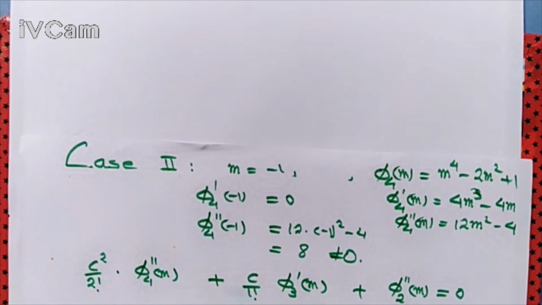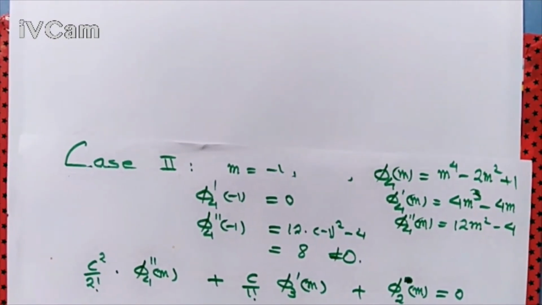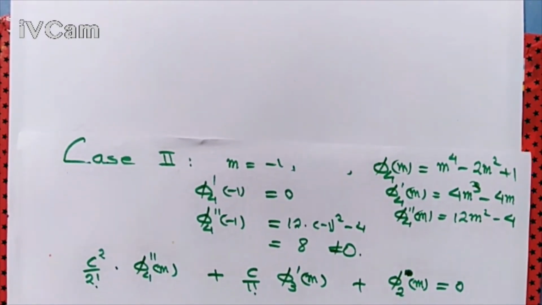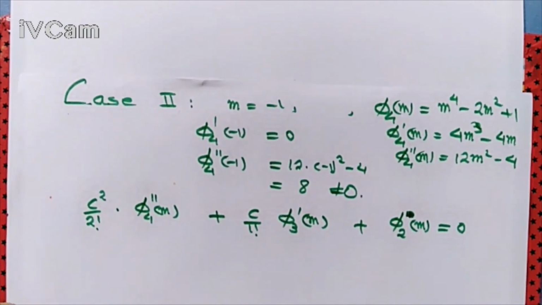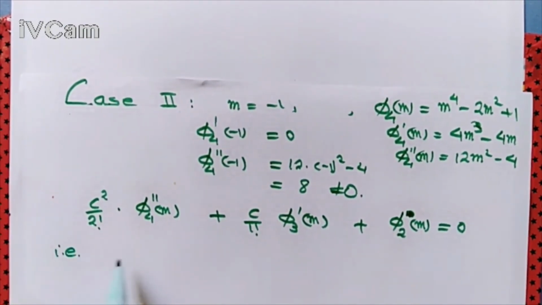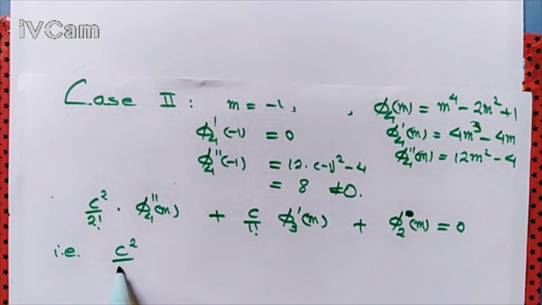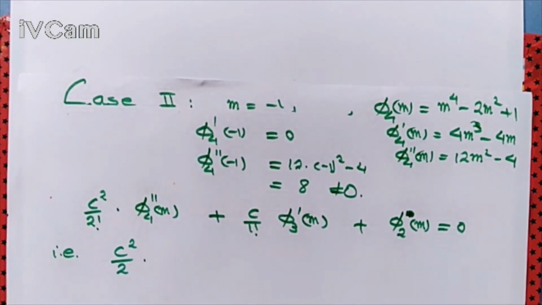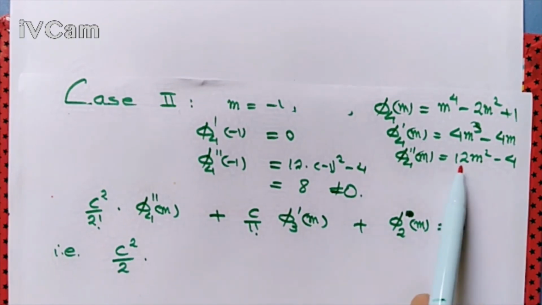That is C square by 2 phi 4 double dash m evaluated at m equal to minus 1.